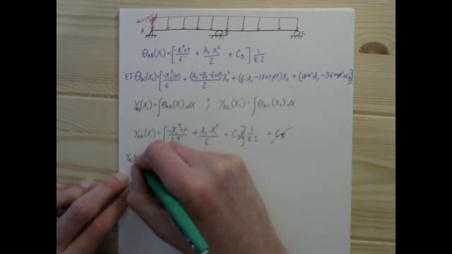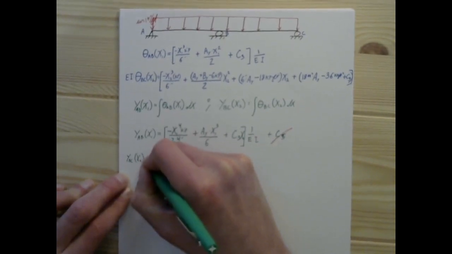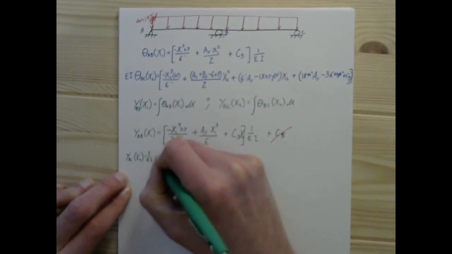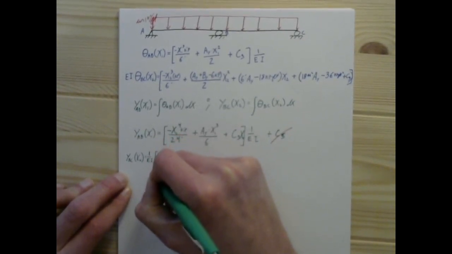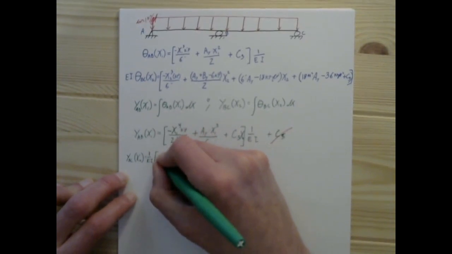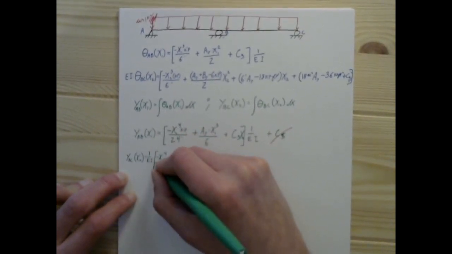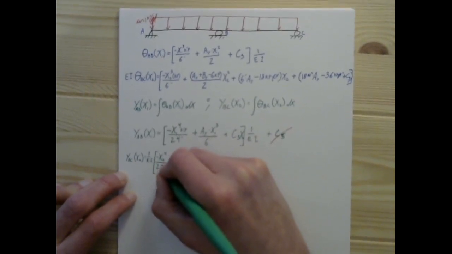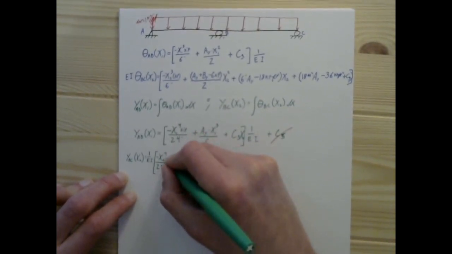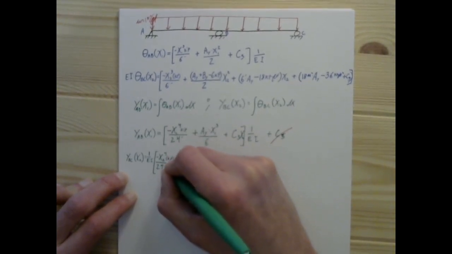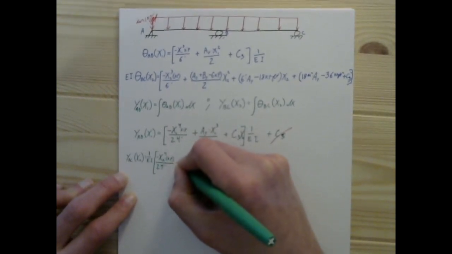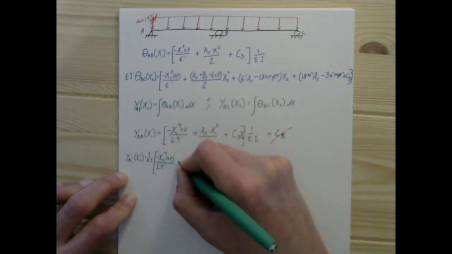The deflection from B to C as a function of x2 is equal to 1 over the Young's modulus and the second moment of inertia, times negative x2 to the fourth divided by 24 feet, also kips. Try to maintain all your units throughout this. It'll save you a heartache in the end.